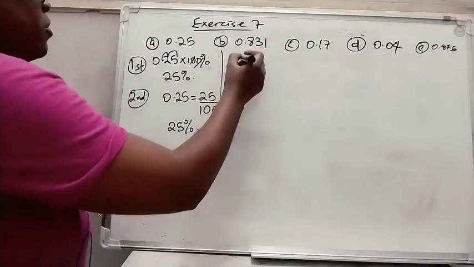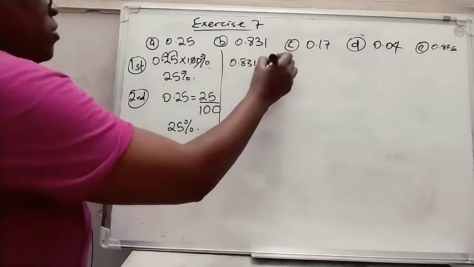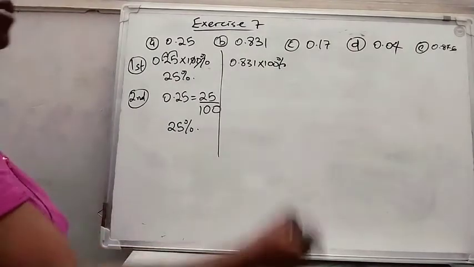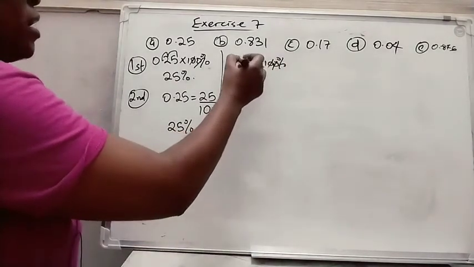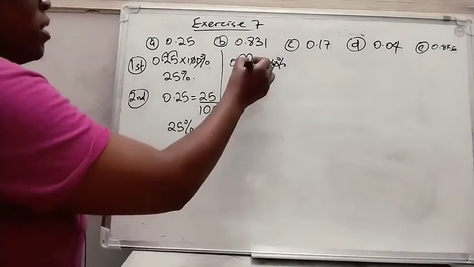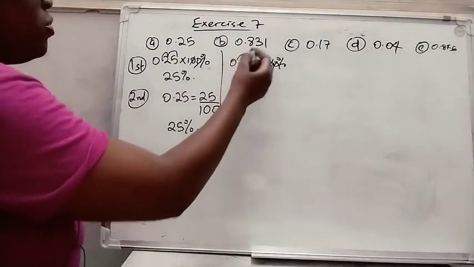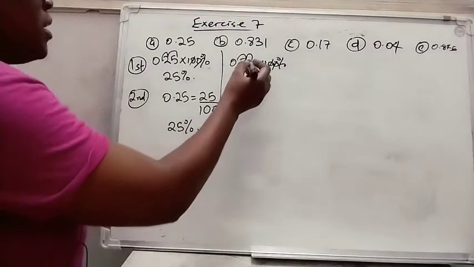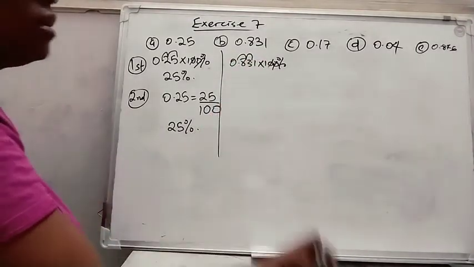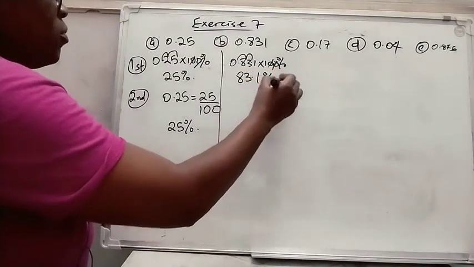So for the B part, the first method will say 0.831 times 100%. So we're going to knock off these 2 zeros by counting 2 decimal places to your right, and it ends behind 3. So we have 83.1%.